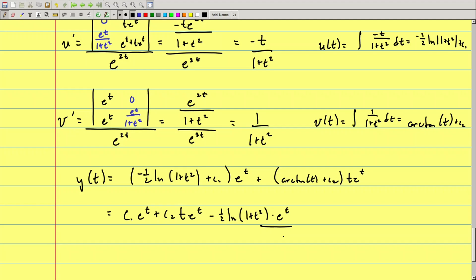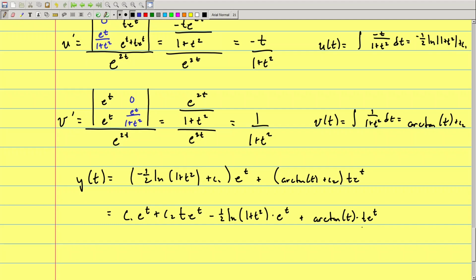The other thing that you can do is put the e to the t in front, but I prefer not to do that because that obscures where the e to the t came from. And we get plus arctangent t times t e to the t. All make sense?